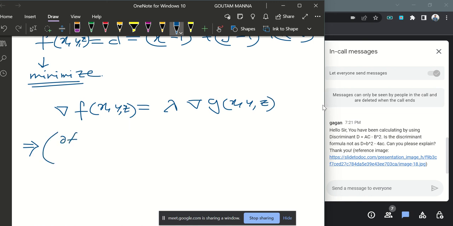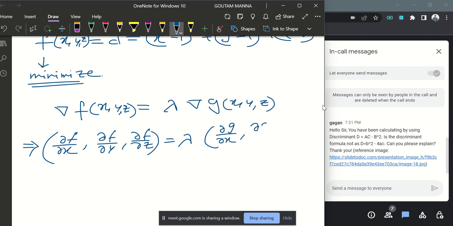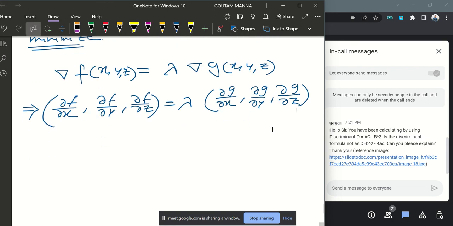So it will be the vector del f del x, del f del y, del f del z equals lambda times del g del x, del g del y, del g del z.